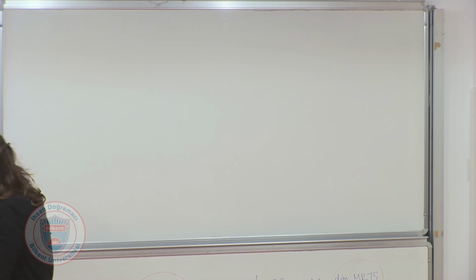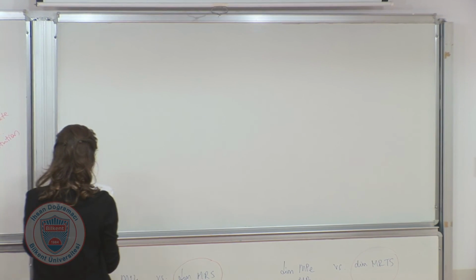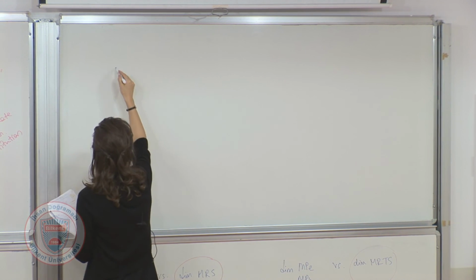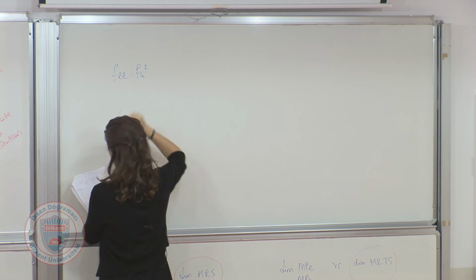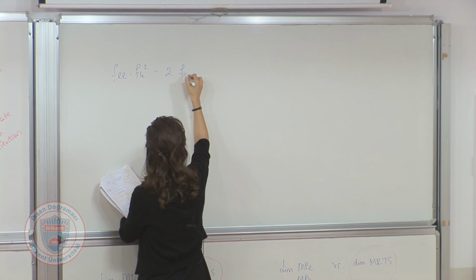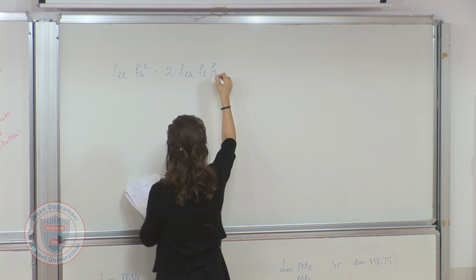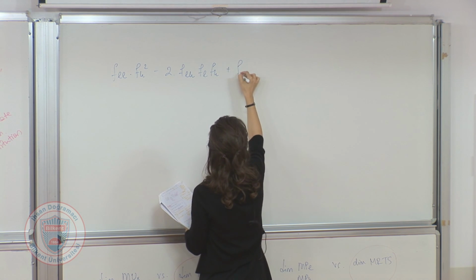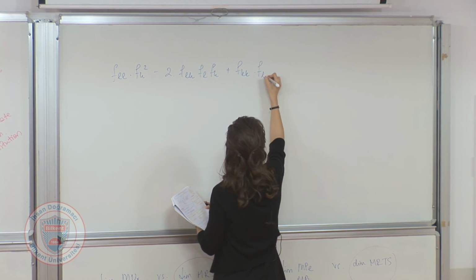The condition was something like this: f of K squared, minus 2 f of LK, f of L, f of K, plus f of KK, f of L squared.